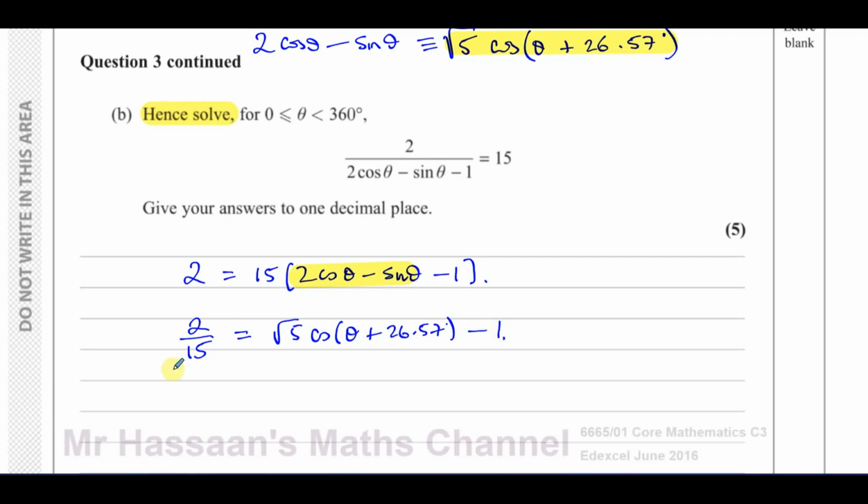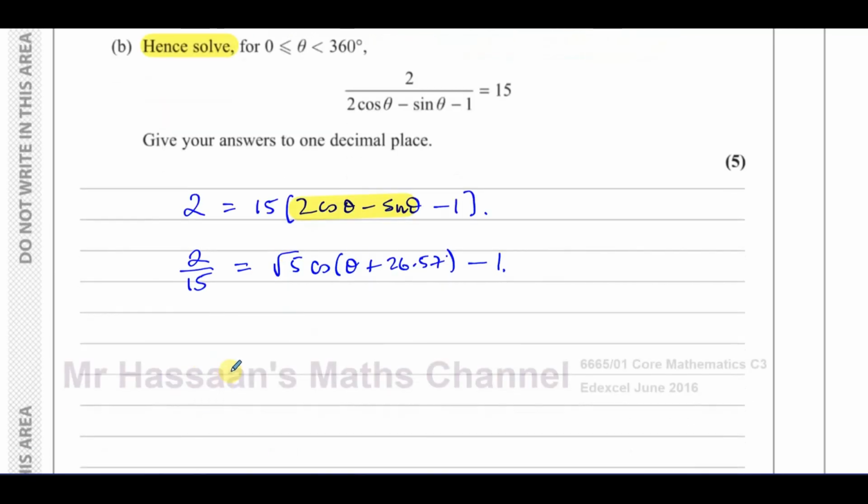So now I can add 1 to both sides. So I end up with 2 over 15 plus 1, which is going to be 17 over 15. 17 over 15 equals root 5 times cosine of theta plus 26.57.